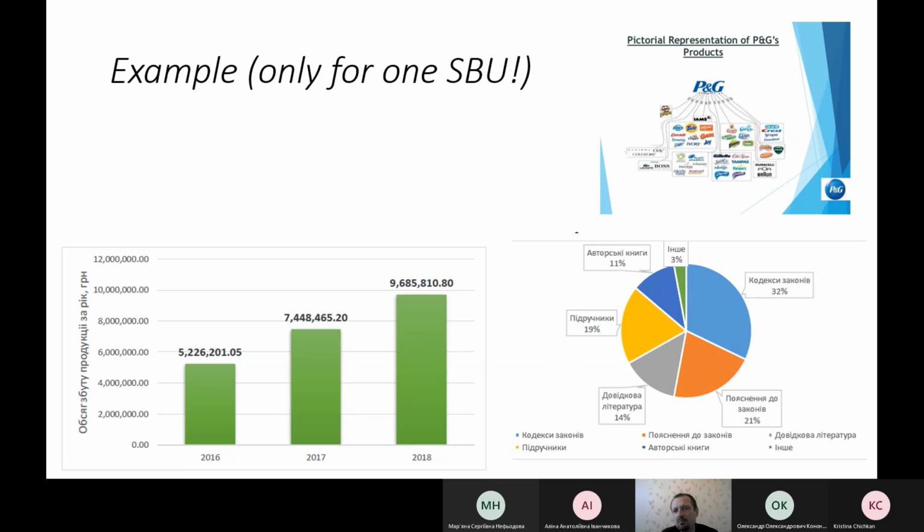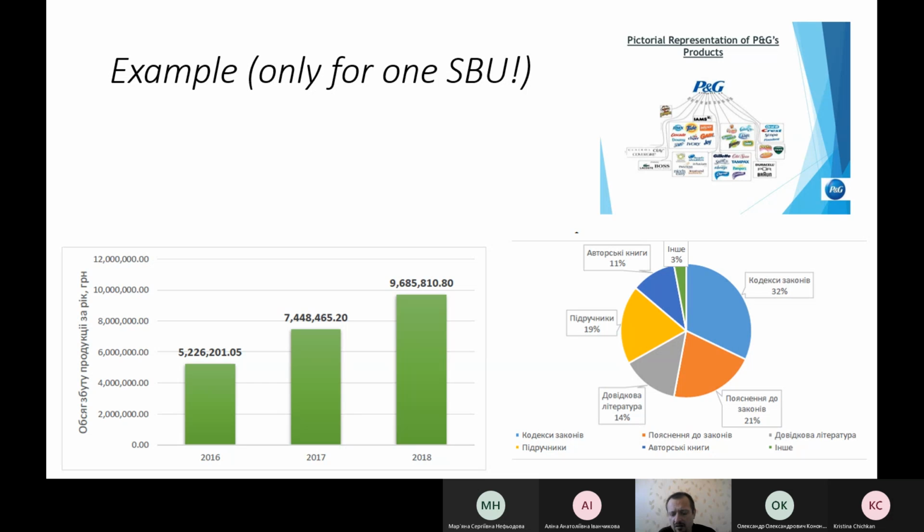For example, if speaking about Procter & Gamble, maybe you know that even if speaking about washing powders, they are producing washing powders in three main market niches. This is the product for the top market, the trademark Ariel. Tide is a trademark for the middle part of the market, and Rex washing powder is a washing powder for the lowest part of the market. So you have to create something like a pie diagram.